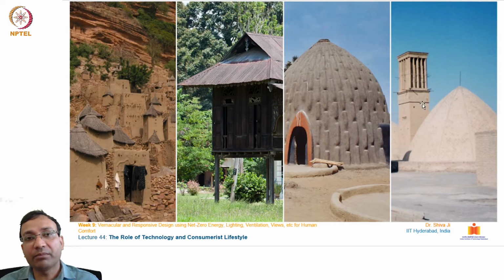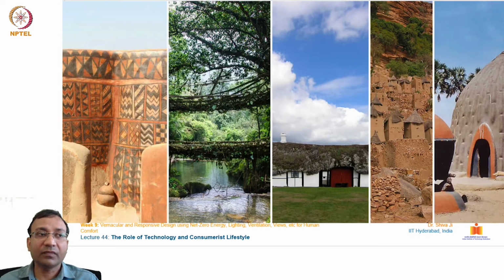So I need not name the place, but you should be able to guess from the features of it where this should belong to. So generally we can understand through these geographical characteristics, such features which represent some responsiveness through this design for that particular geographical area.